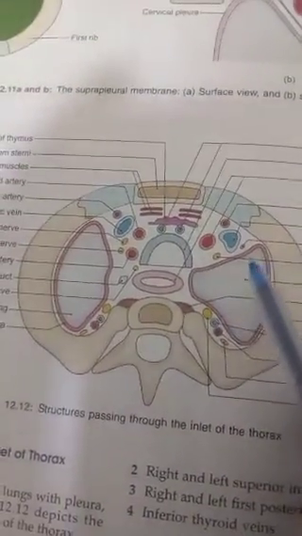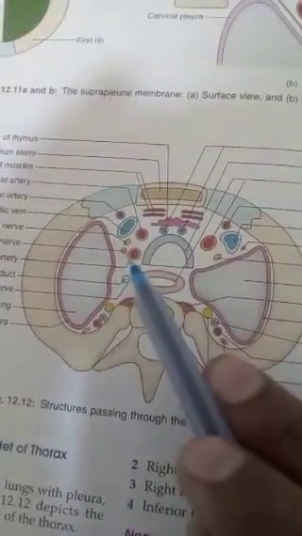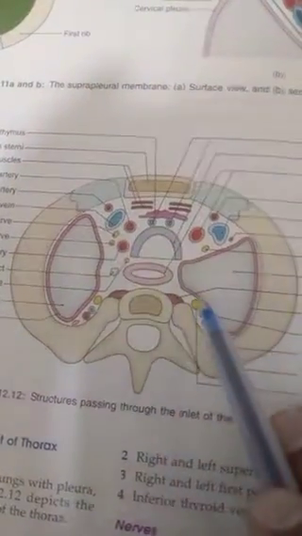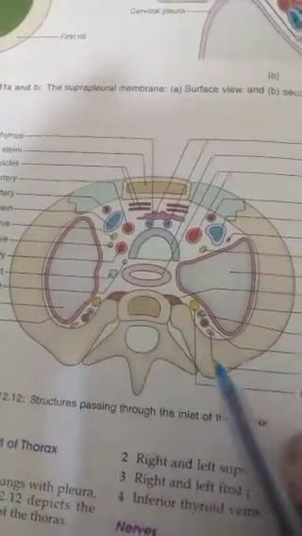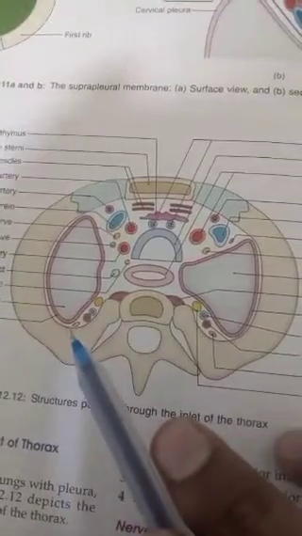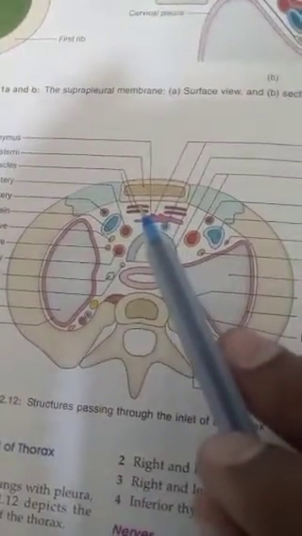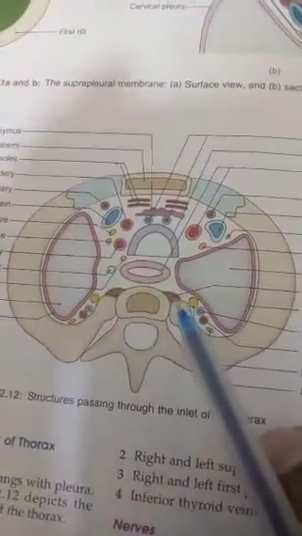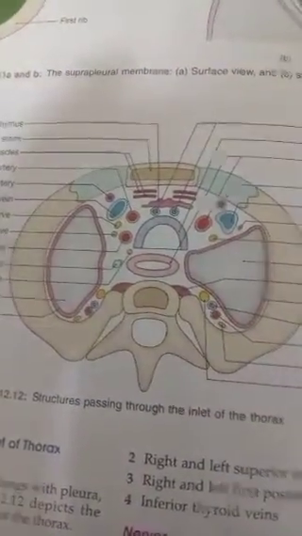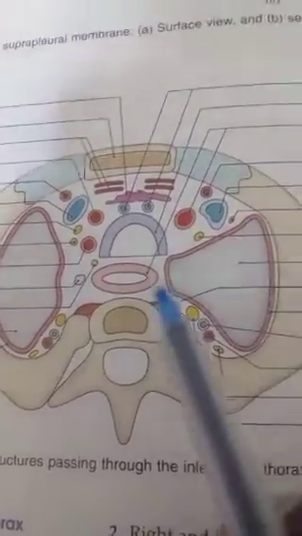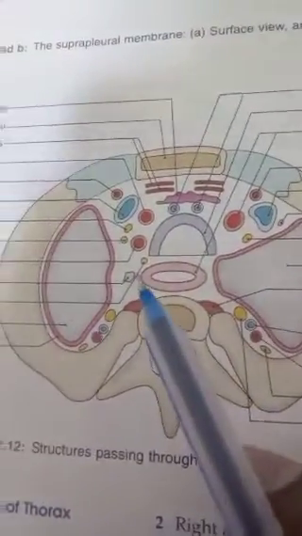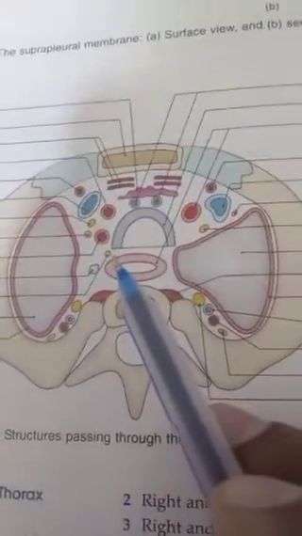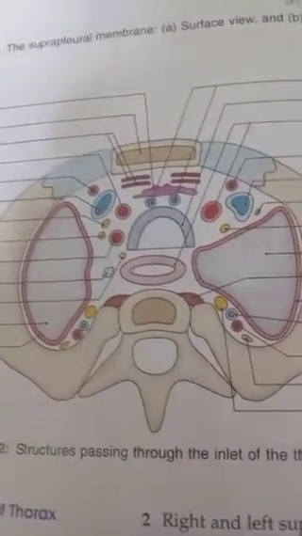The nerves include the right and left phrenic nerves, right and left vagus nerves, sympathetic trunk and first thoracic nerves. The muscles include sternohyoid and sternothyroid muscles as well as longus colli muscle. Apart from this, some part of the thoracic duct and the left recurrent laryngeal nerve also pass through the thoracic inlet.